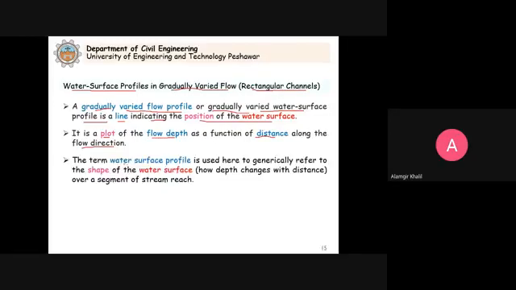The term water surface profile is used to generically refer to the shape of the water surface, how the depth changes with distance over a segment of stream reach.